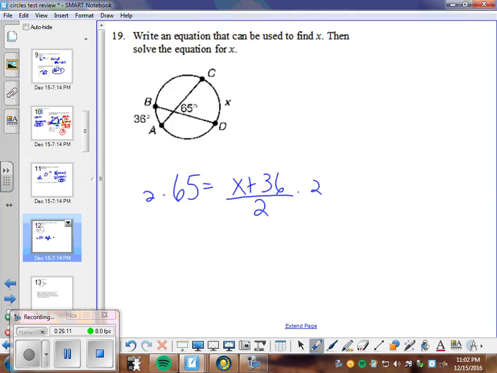So 65 times 2 is 130. Then subtract the 36 and you get 94 for x.